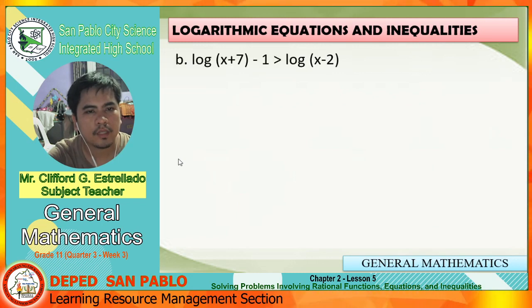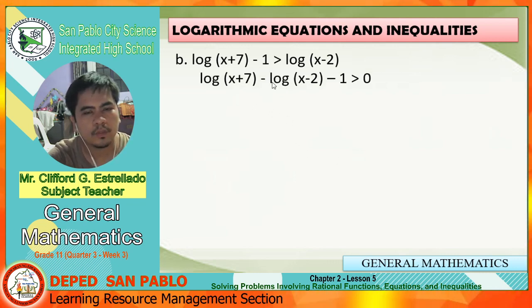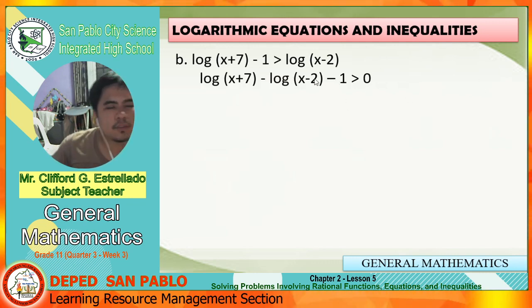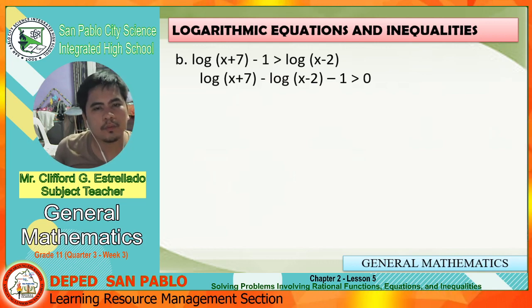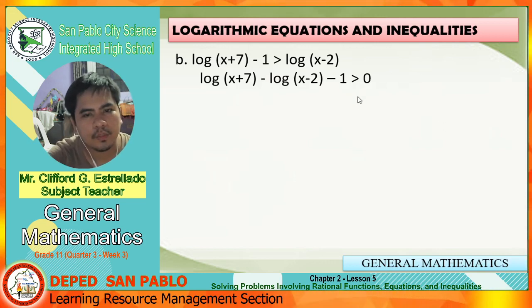Logarithm of quantity x plus 7 minus 1 is greater than logarithm of x minus 2. So, gagawin ulit natin yon. 0 yung sa kabila. Kaya, logarithm of quantity x plus 7 minus logarithm of quantity x minus 2 minus 1 is greater than 0. Okay? And then, equate na natin sa 0.